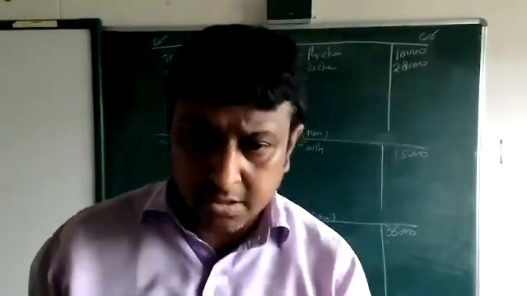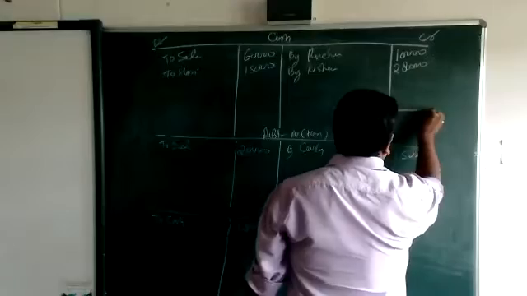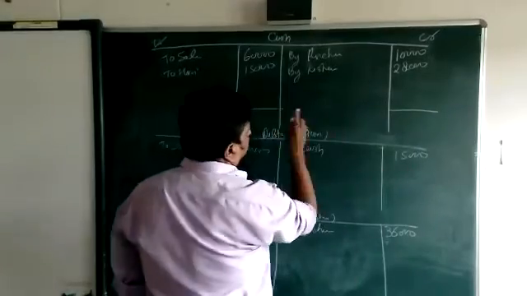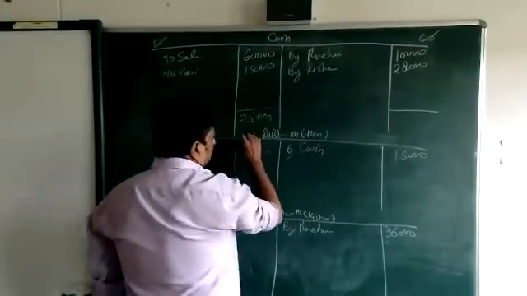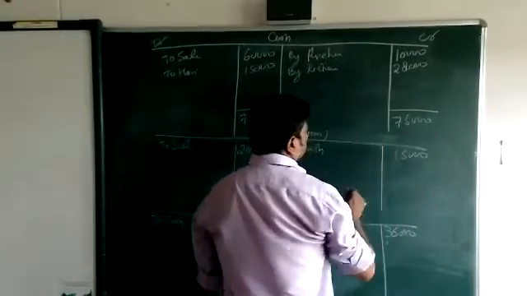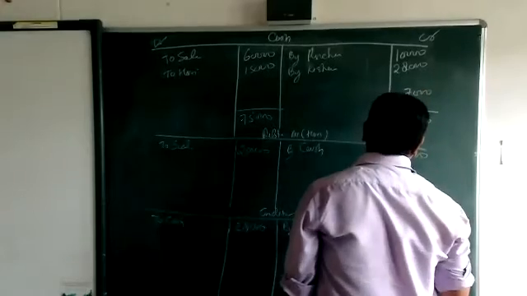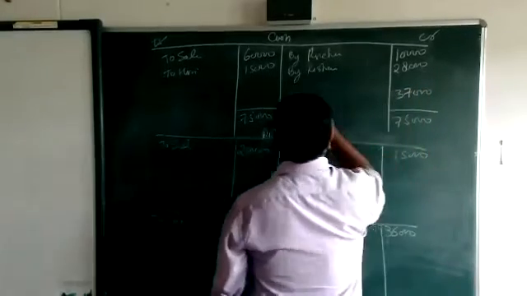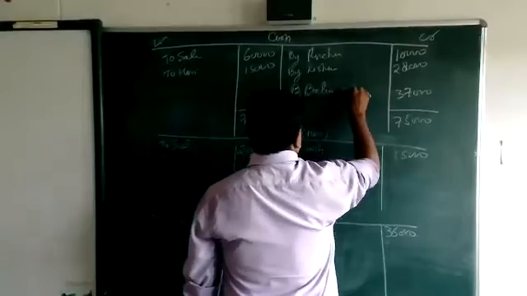Clear? Clear or not? Clear, beta? Now we are going to balance it. Just see which side is bigger. This side is 75,000. Just put 75,000 on this side, because it's the bigger. Then the difference amount, beta, 37,000 by balance c/d.